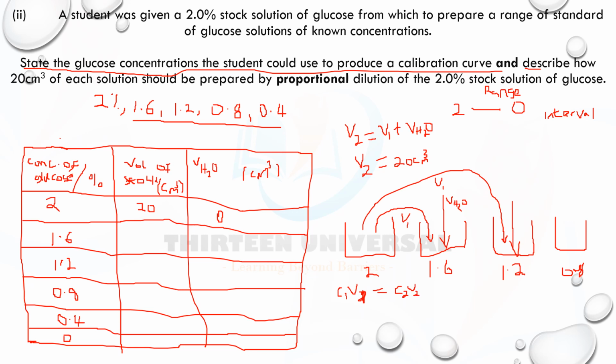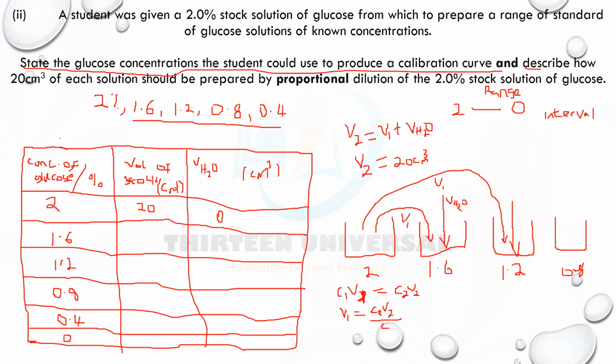V1 is the volume of stock solution we want to dilute. So our V1 here, guys, will be C2 V2 all over what?